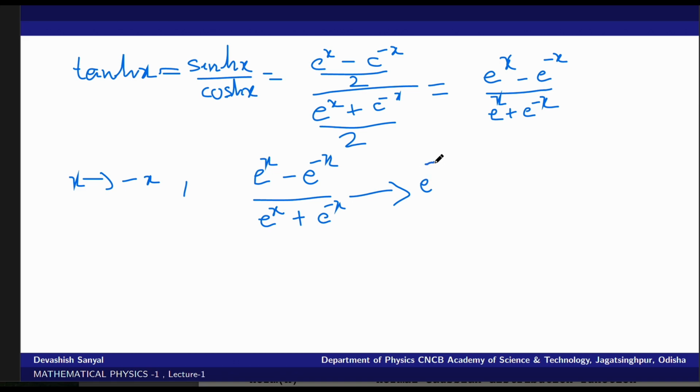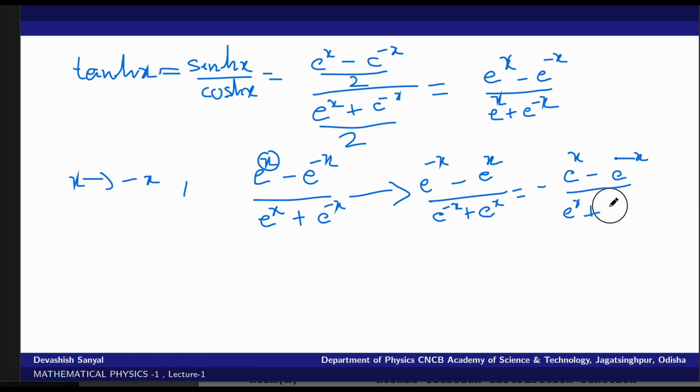This x will become minus x, and this x will become minus x, so minus minus is plus: e to the power x divided by, here it will be e to the power minus x plus e to the power x, which is actually minus of (e to the power x minus e to the power minus x) divided by e to the power x plus e to the power minus x.